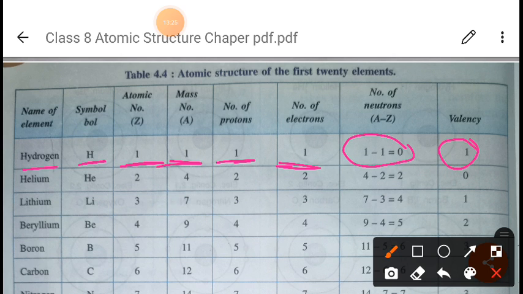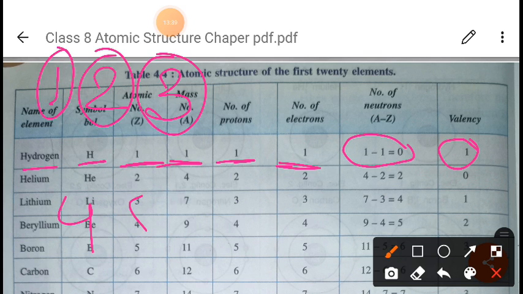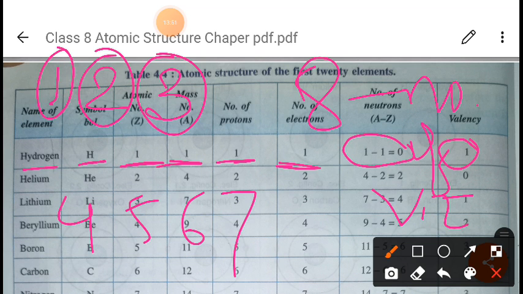So always remember that if the valence shell of any element has 1, 2 or 3 electrons, then its valency will be 1, 2 or 3. If there are 4, 5, 6 or 7 electrons in the outermost shell, then the valency will be 8 minus the number of valence electrons.